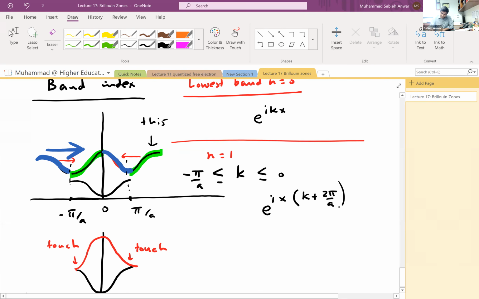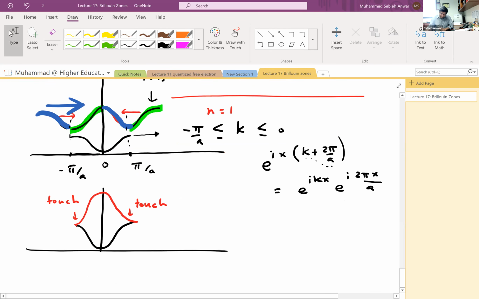Here in this region, the values of k are incremented by 2 pi over a, and the green parts are identical because of the arbitrariness of k. So this becomes equal to e^(ikx) e^(i2πx/a).